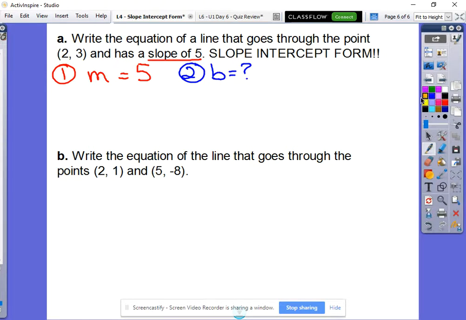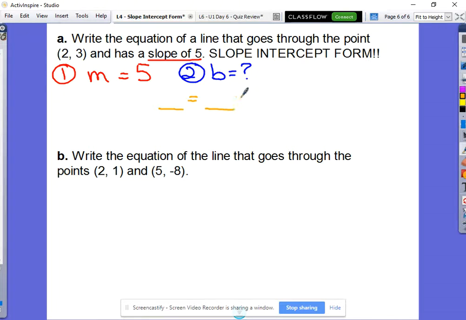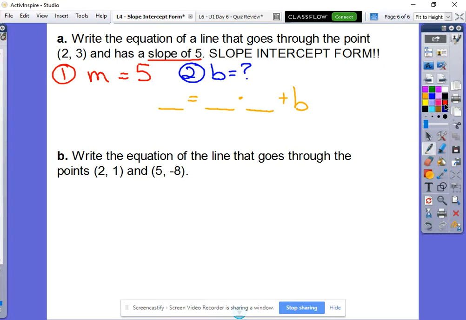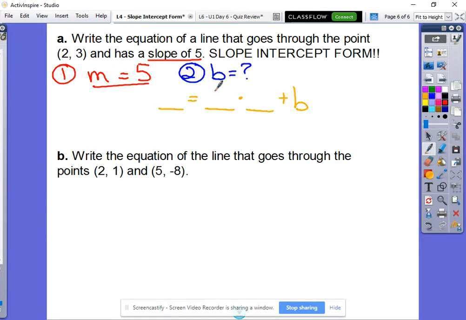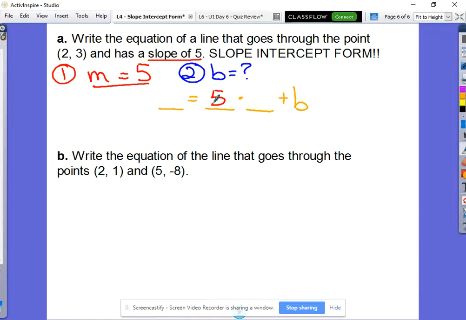So what we do is we start out by writing blank equals blank times blank plus b. It's important to write this out because we're now going to start plugging in our information. We already know that the slope we were given is 5. That goes right here. That's where the m value goes.